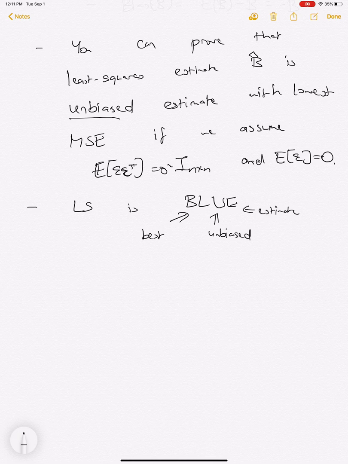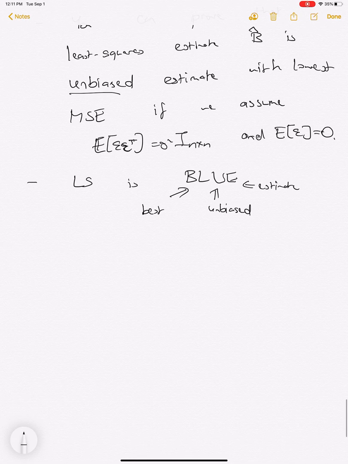So that's a good property of least squares, but in about weeks 4, 5, 6, we're actually going to see estimates that are biased, and in many settings, these might actually do quite a bit better than the least squares estimate. But amongst unbiased estimates, the least squares estimate is the one with the lowest variance or the lowest mean squared error.